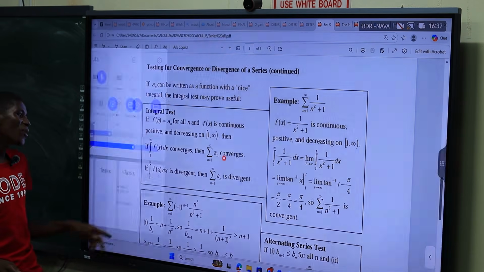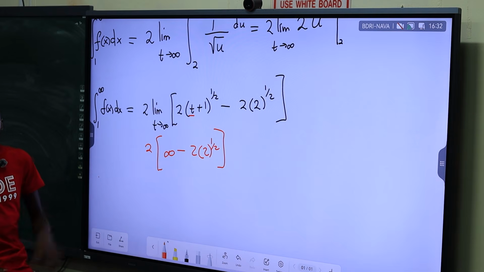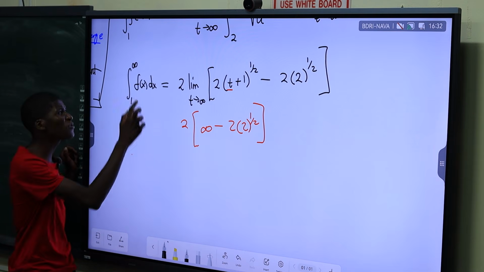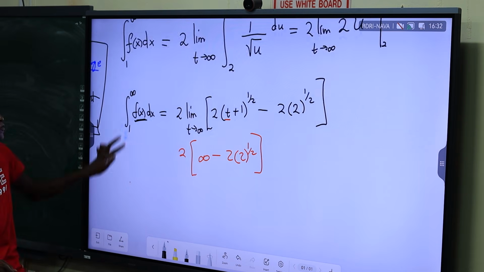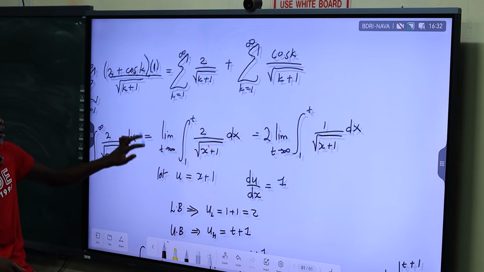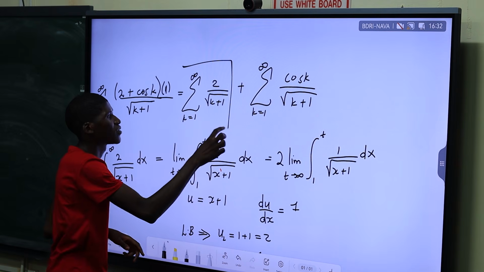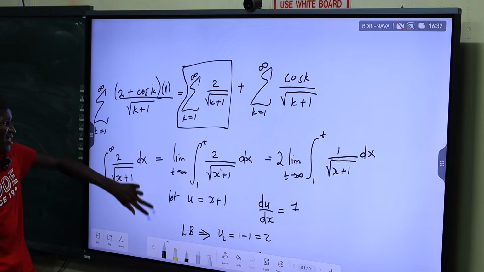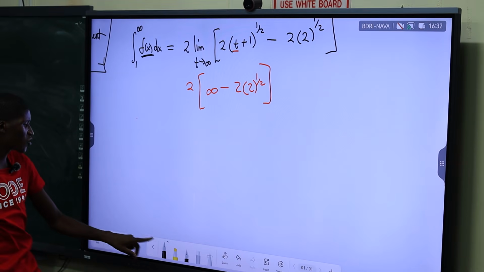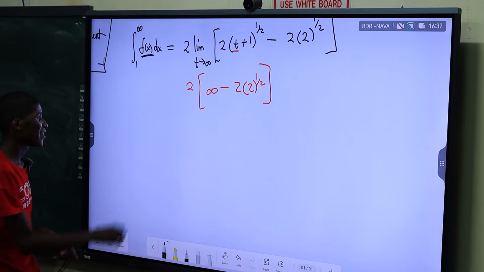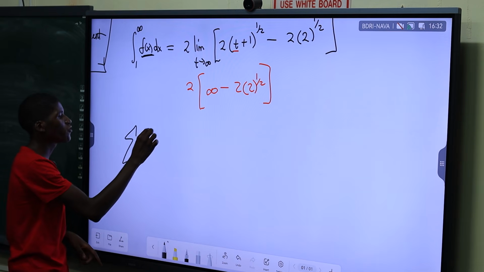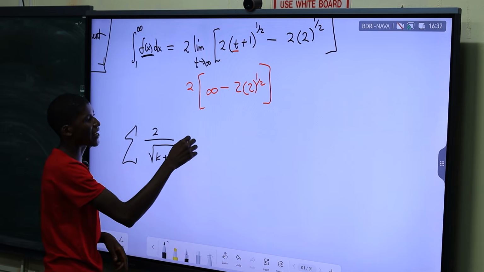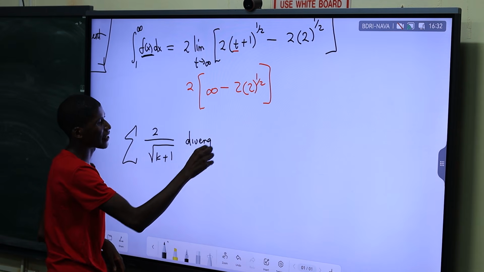All right. So let me give you how to conclude here. Since you found the integral of f of x dx, remember the f of x, we took it from this series. Now the series is near f of x. So this is diverging. So we can say that this sum of 2 over square root of k plus 1 diverges, right?